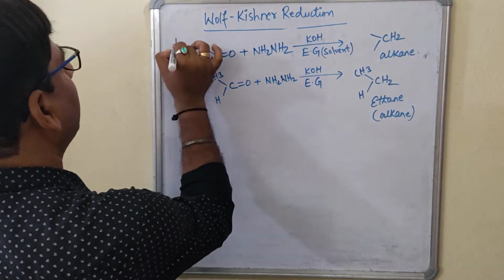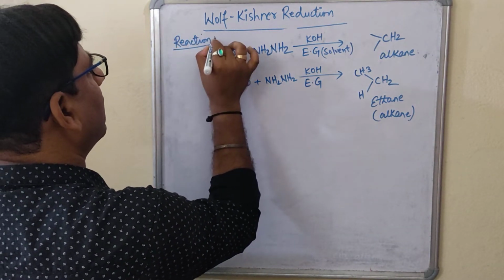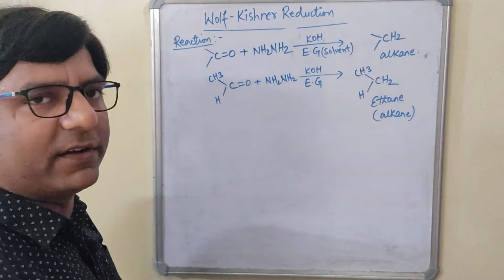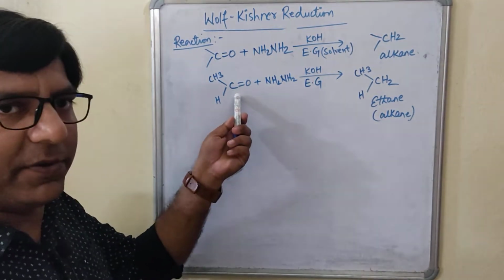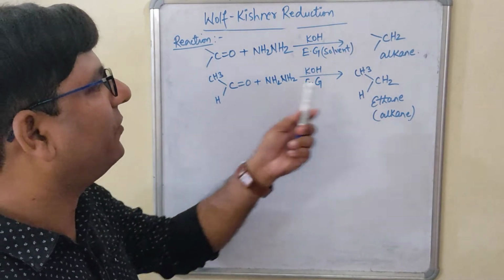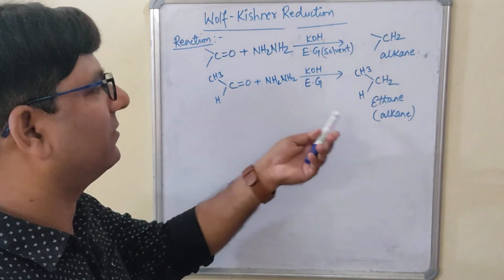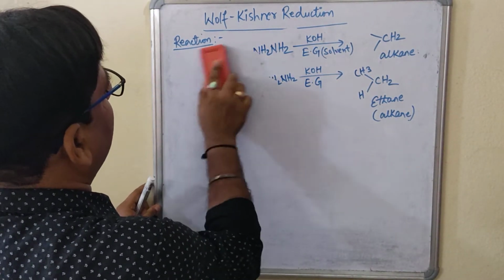This was the reaction, students. Now let us see the mechanism of it, how we came with this product. I will take the same example so that I will show you how we came with this ethane. That will be much more clear to you.